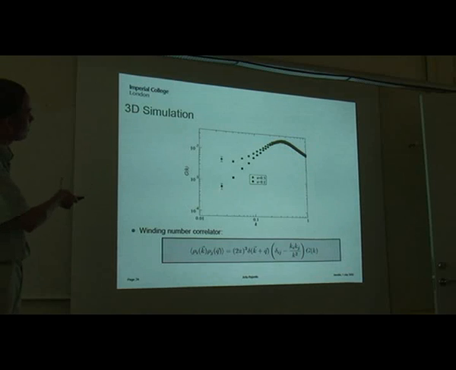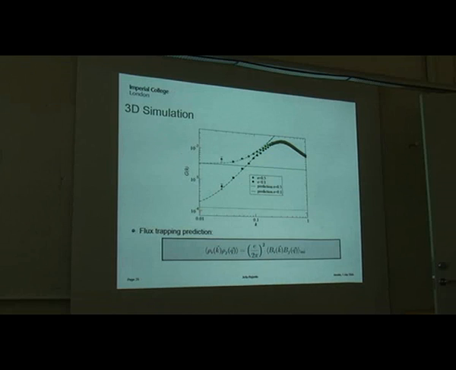So this is for 0.1, this is for 0.5, and the prediction was that it should go like e squared, so you would expect more correlation at low k, at long distances, for higher e, and that's what you get here. In fact, the predictions were not just qualitative, they were quantitative.